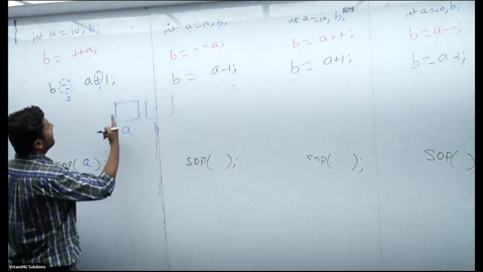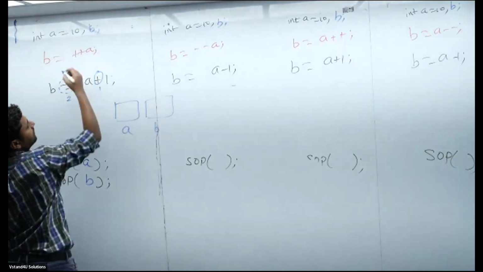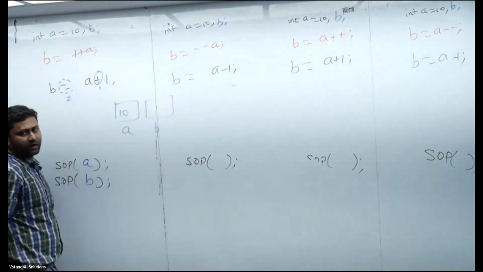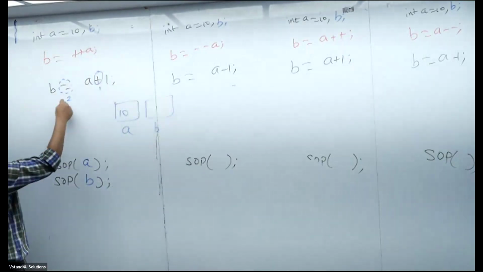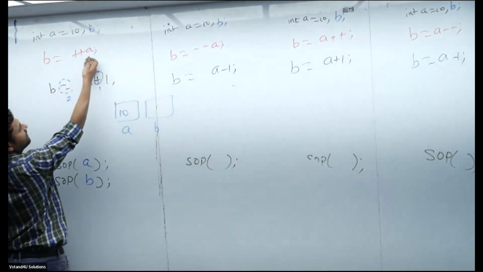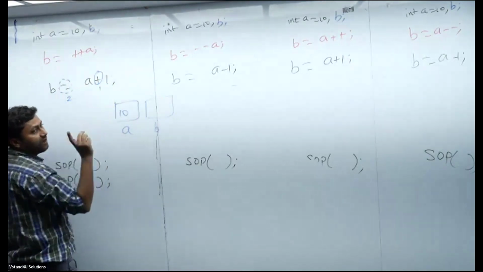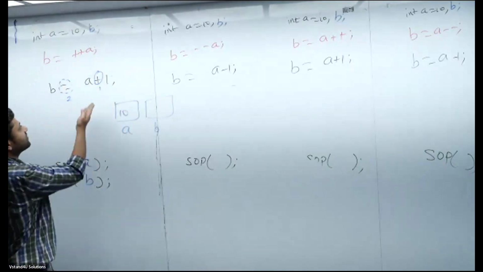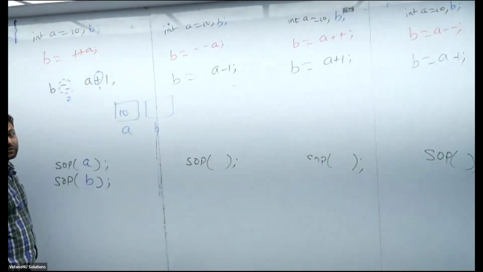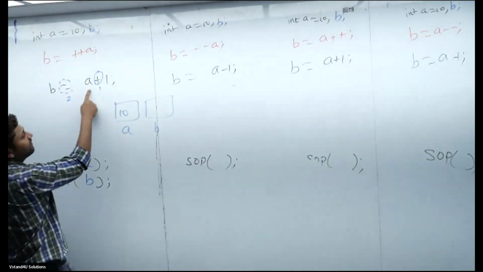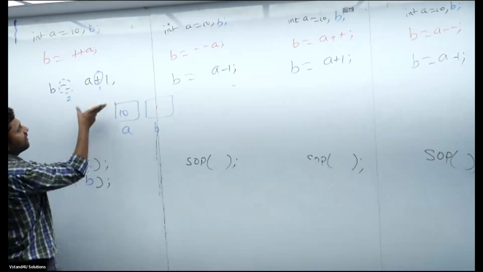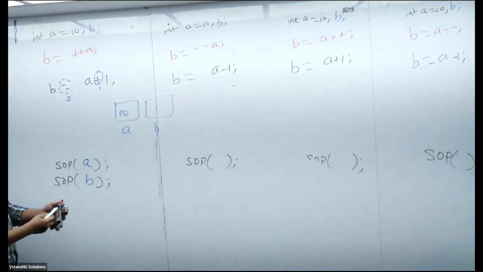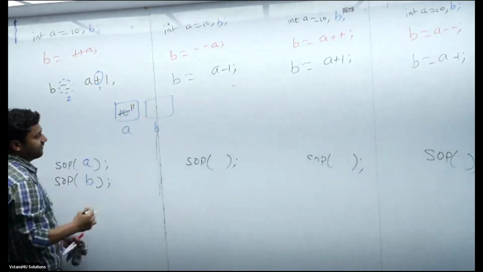Let me help you get better clarity. At this line, the value of A is 10, and B has nothing. Then you come to this line. B equal to pre-increment A means B equal to A plus 1. Pre-incrementation means first you increment, so A becomes 11.